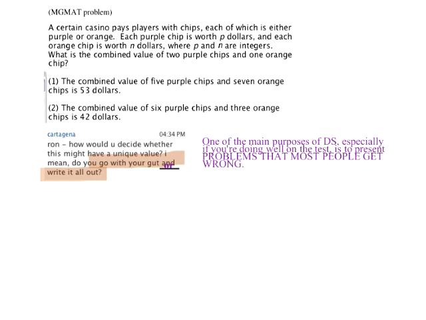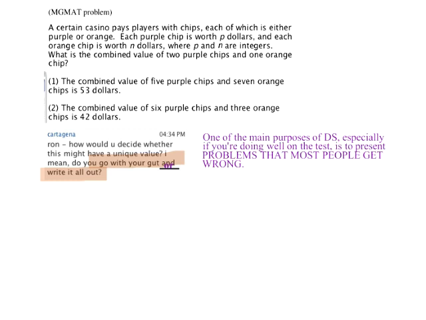This is actually what an adaptive test is by its very nature. If you are doing really well on it, then you're going to get problems that challenge people. So just keep in mind what the consequence of that is. If you think about that for a second, you can figure out the answer to your own question here.